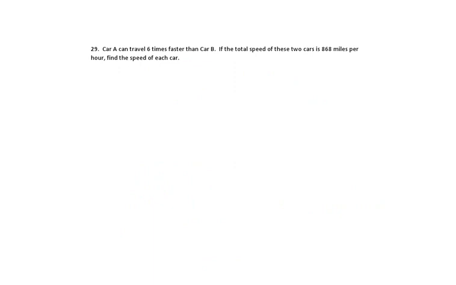But anyway, car A can travel 6 times faster than car B. Okay, so here's my trick to this. For car A, I'm just going to write x. Now for car B, because it says 6 times, I'm going to write 6x. And I will have all of this equal to 868.